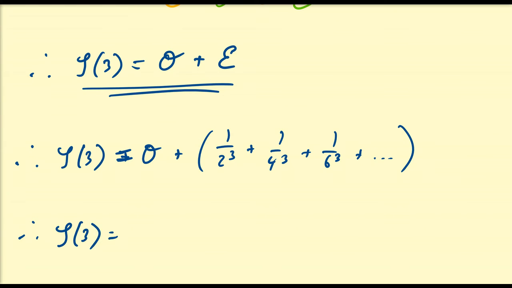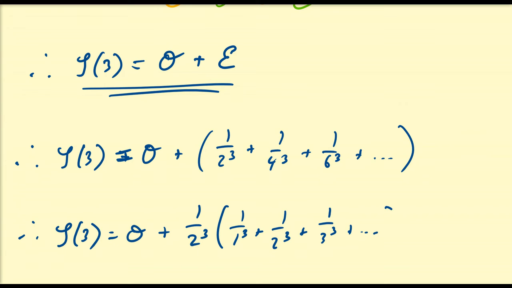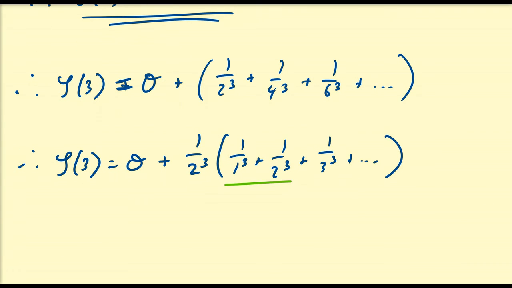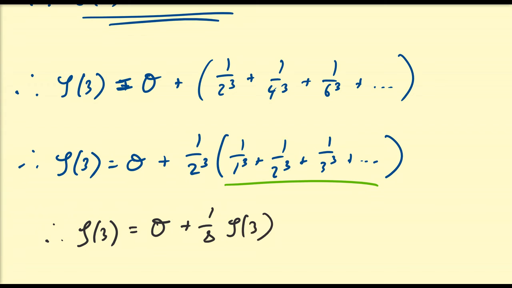So zeta of 3 is equal to O plus 1 over 2 cubed times (1 over 1 cubed plus 1 over 2 cubed plus 1 over 3 cubed plus and so on), since 2 cubed times 2 cubed is 4 cubed and 2 cubed times 3 cubed is 6 cubed. And this is precisely Apéry's constant again. So we can say zeta of 3 is equal to the odd series plus 1/8 times Apéry's constant, zeta of 3.